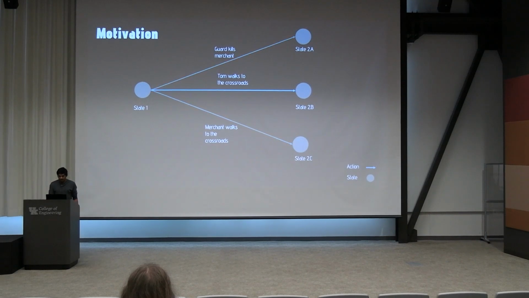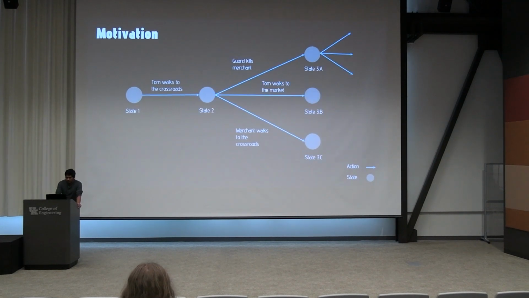Suppose the first event the algorithm will expand is that Tom walks to the crossroads, and then the algorithm will again select an available state or a node and try to expand that. After that, again the algorithm will select one from the available states and expand that, and the process will repeat.